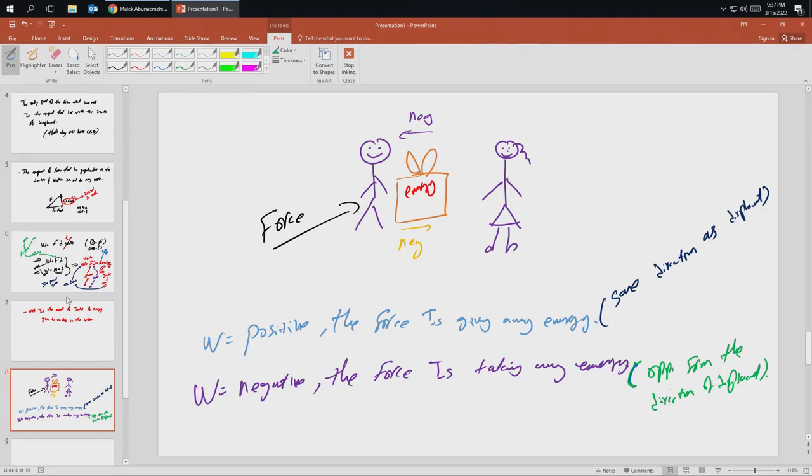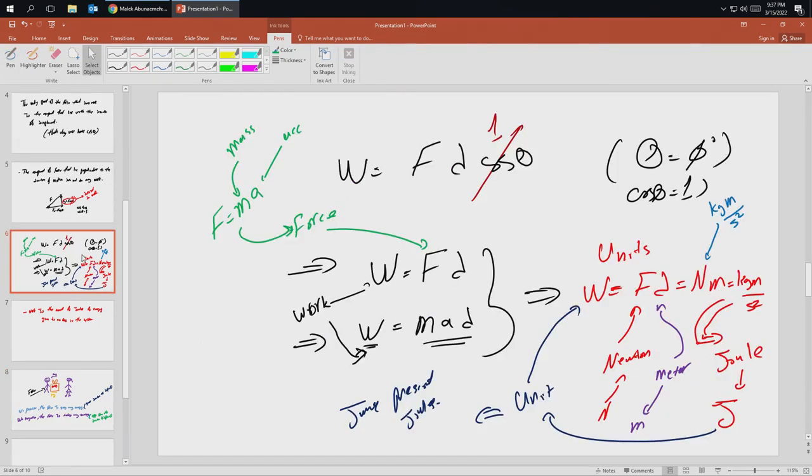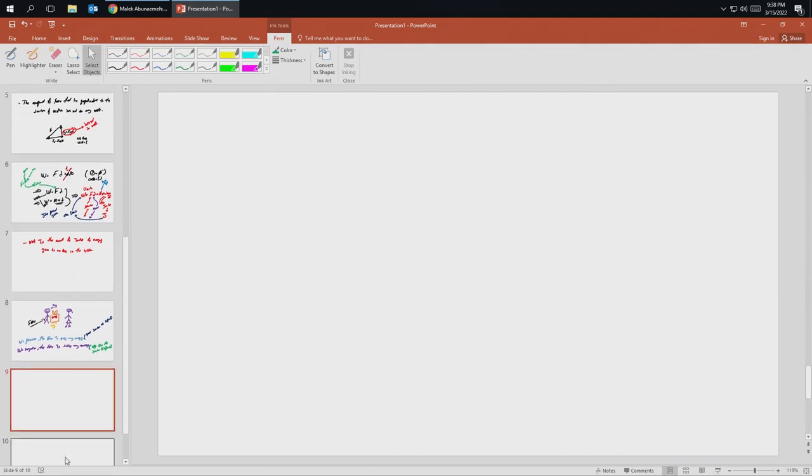We said earlier that we assume cosine 0 is going to equal 1. That means we're assuming that all the forces lie along the direction of displacement, so we're just gonna make it easier. Let me go ahead and write this down.